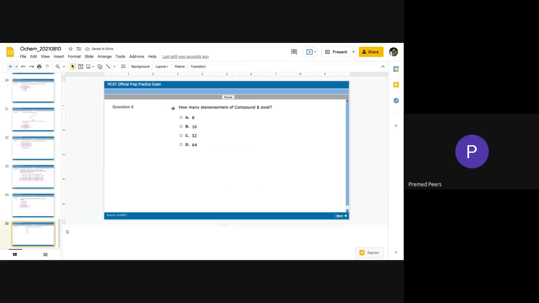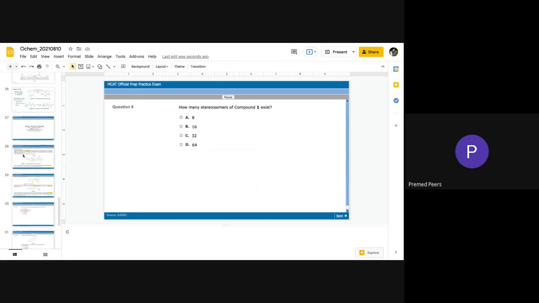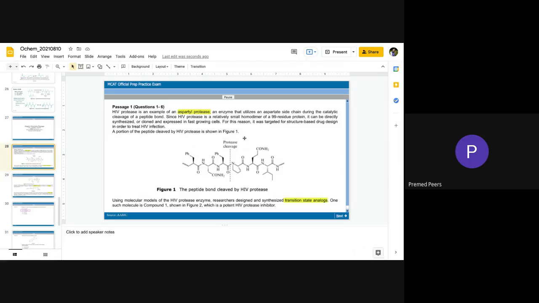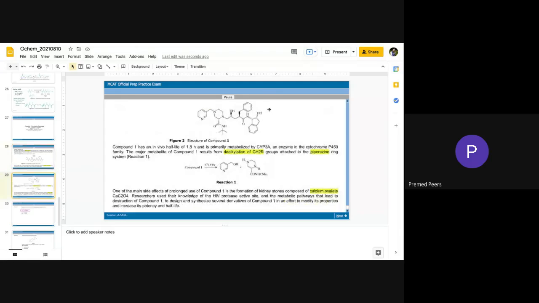And then the last question, to me, should be the simplest question. How many stereoisomers does compound 1 make? So stereoisomers, compound 1, and then you go to compound 1 and start counting. One of them is from here.